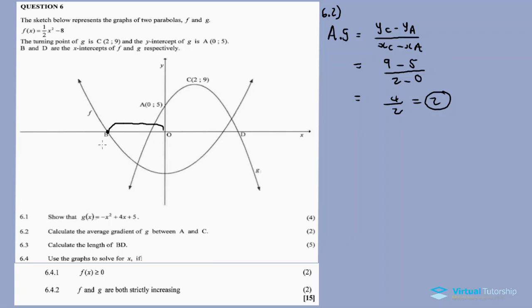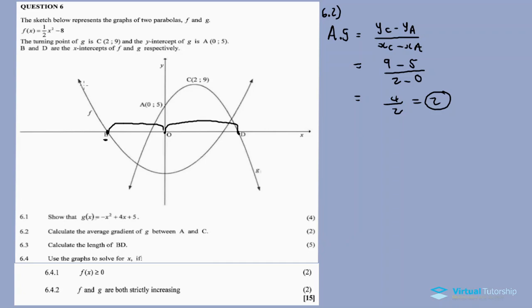So once we get the x coordinate of B, basically we get the length from 0 to this point B, and then by finding the x coordinate of D, which is one of the x-intercepts of graph G, we get the length from 0 to D.